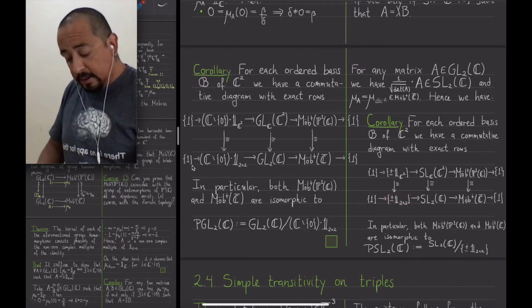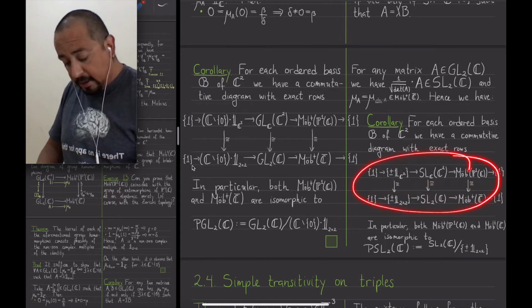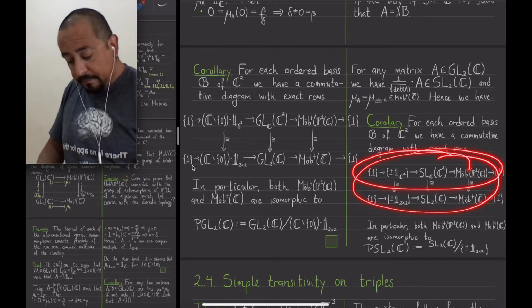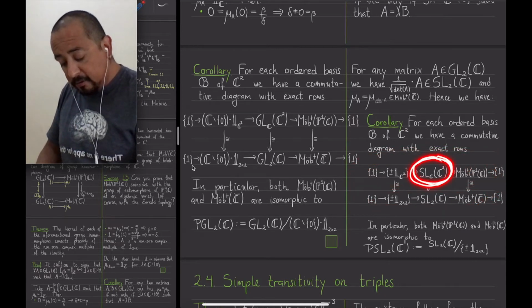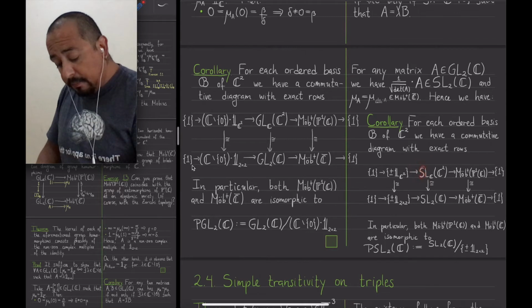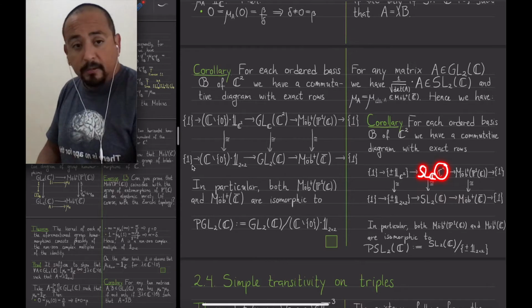Okay, and then using any ordered basis B, we have this commutative diagram with these exact rows. Here I would be defining SL of C square to be the group of C-linear maps of C square that have determinant 1.